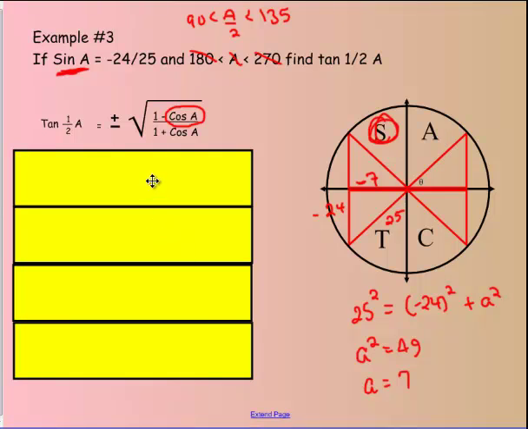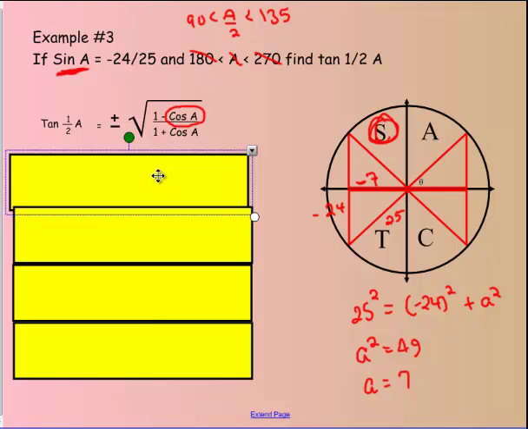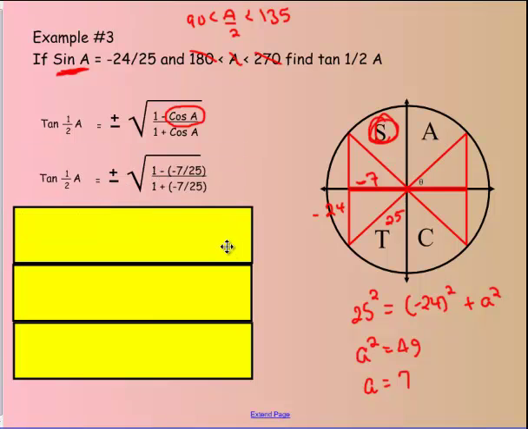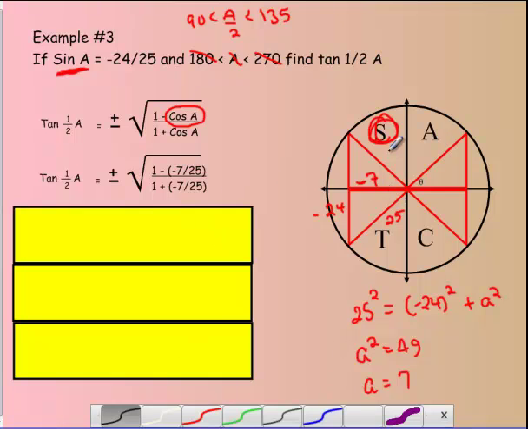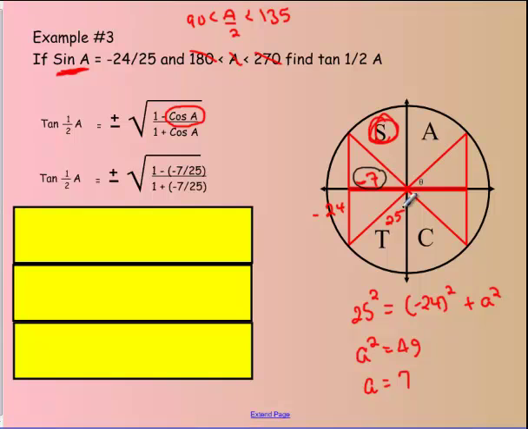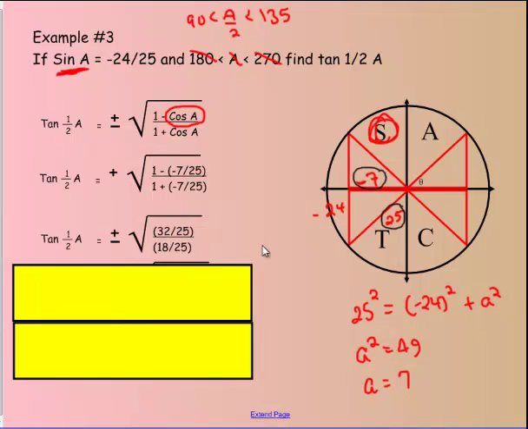So now let's just put it all in there. If I put in negative 7 over 25, that's what the cosine is. The cosine is the adjacent side over the hypotenuse. The rest should be pretty simple math to deal with.